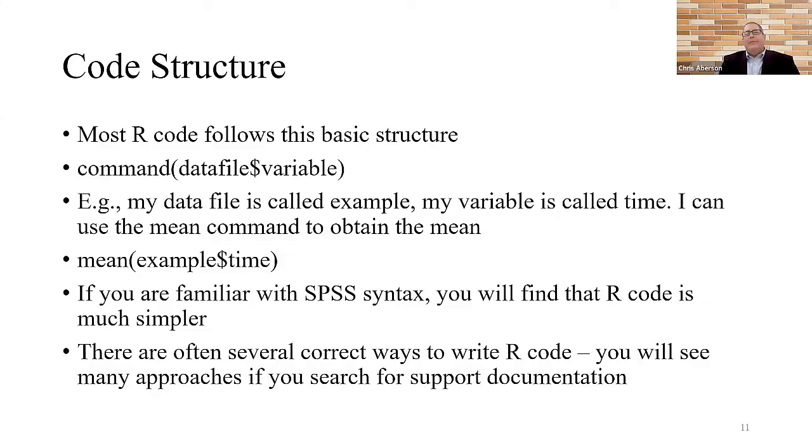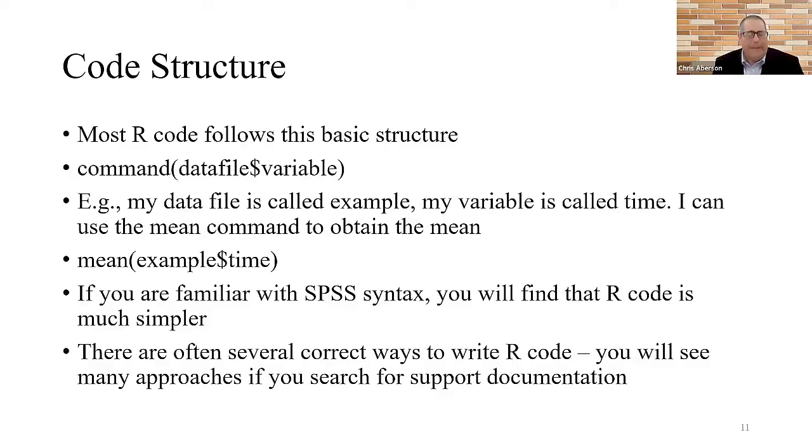All right, now we can get into some of the basics of code in R. R is a coding language. It focuses specifically on code. Most R code follows the same basic structure. You'll have the name of a command, and this command will generally be simple. It'll be something like mean or SD for standard deviation.